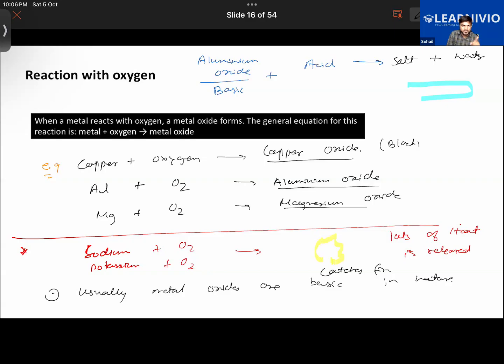Getting what I'm trying to say? But it will also react with the base to give salt and water. Isn't that a unique thing about aluminum oxide? So it can react with both acid and base to give salt and water.